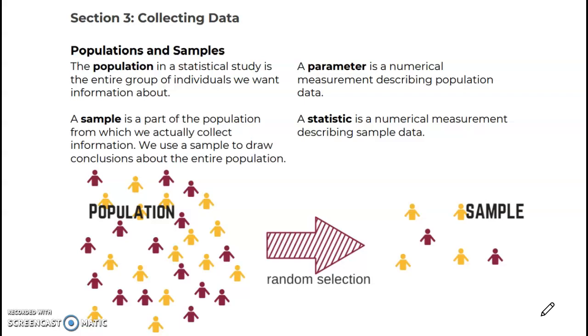The nice thing about these two words is that population and the parameter that describes it both start with P, where sample and statistic both start with S. So an easy way to remember that. In this illustration, you can see the population over here is the larger group. We take a random sample, we end up with a smaller group that's hopefully representative of our population.